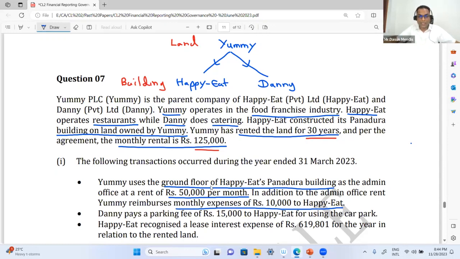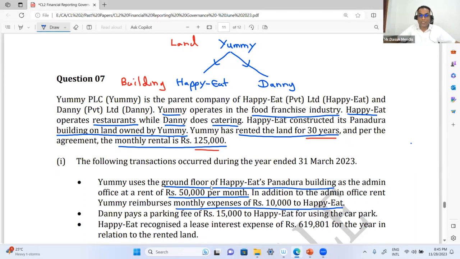Parent company is using this building's ground floor. For the usage, parent company is paying a monthly rental of how much? 50,000. In addition to that, parent company is making expenses reimbursement of 10,000, because when parent company is using the ground floor, the utility cost and all that is borne by the subsidiary Happy.